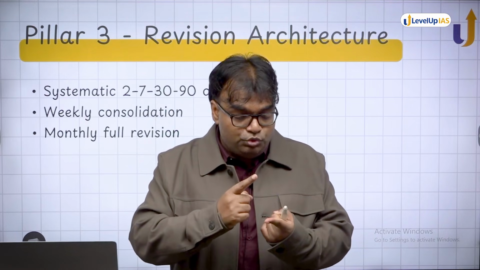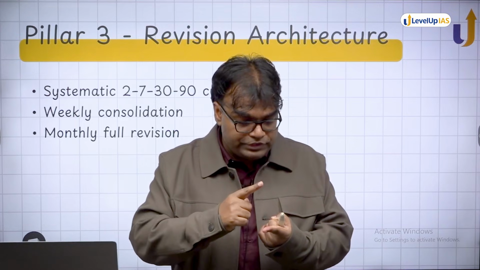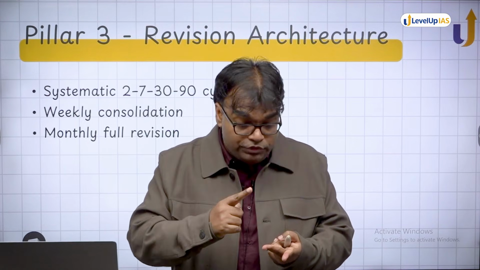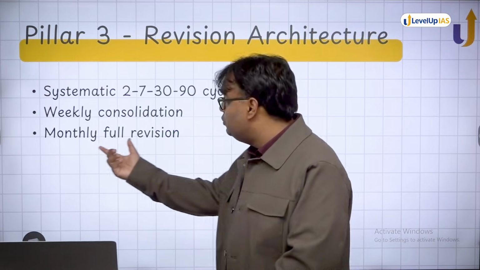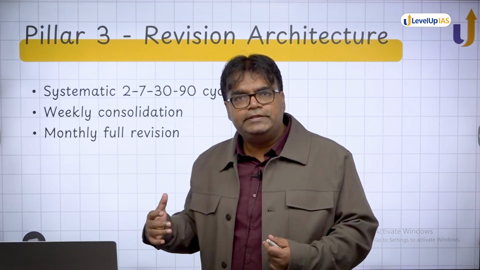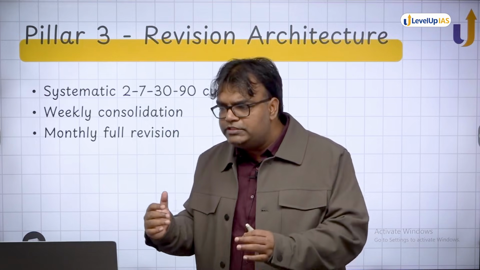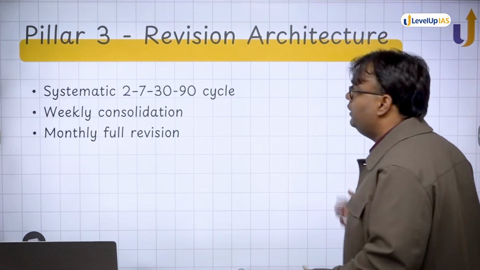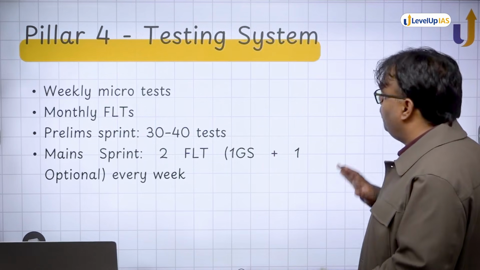You will do revision every 2 days, every 7 days, every 30 days, every 90 days. I should have also included quarterly revision, half yearly revision here. When you do this, you will see that whatever you have studied in 6 months, that is staying with you. If you don't include revision, your preparation would be problematic.